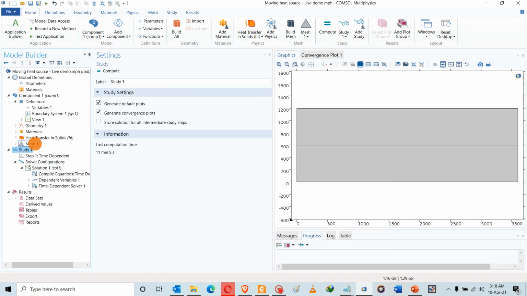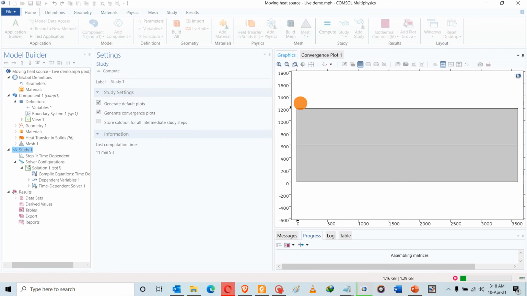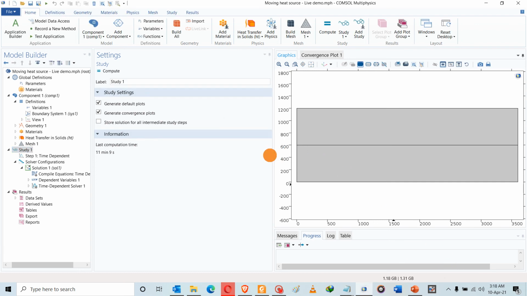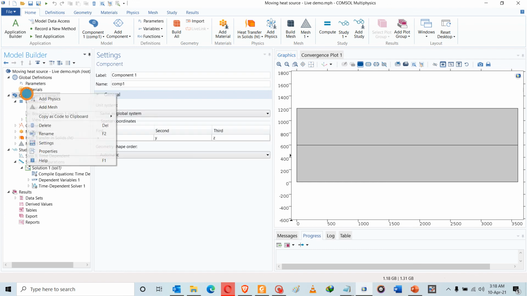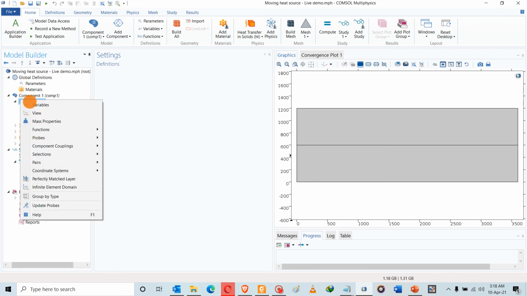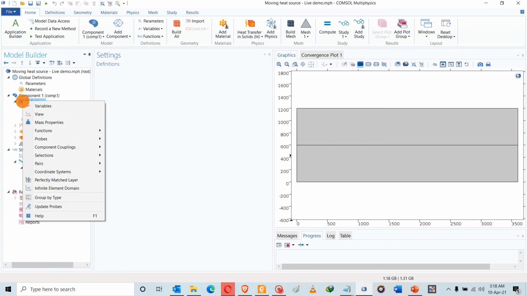Now, let us compute. Oh no, pause that again. What I forgot to add was the probe. We want to know what the temperature is on the surface. So I'm going to right click on definitions and add the probes, a domain probe.